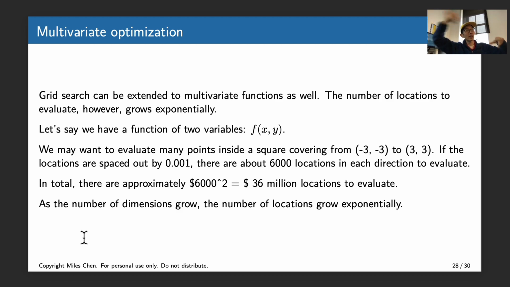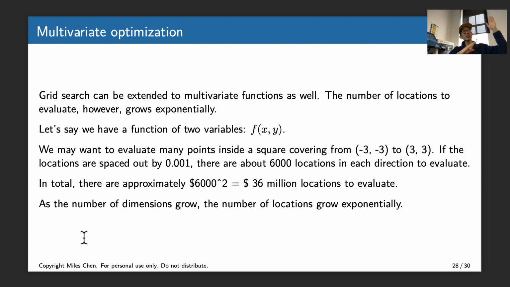Now you have 6,000 locations in the x direction and 6,000 locations in the y direction to search. And so you have a total of 6,000 times 6,000, 36 million coordinates to search, okay? Going from 6,000 to 36 million is a lot more computation.